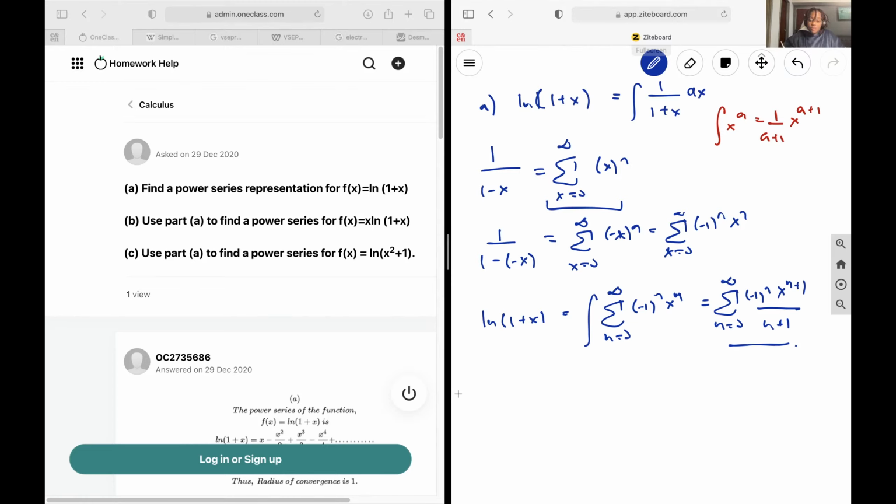Now, to find the power series representation of x ln of 1 plus x, we're simply going to multiply this by x. So that is x multiplied by this power series.